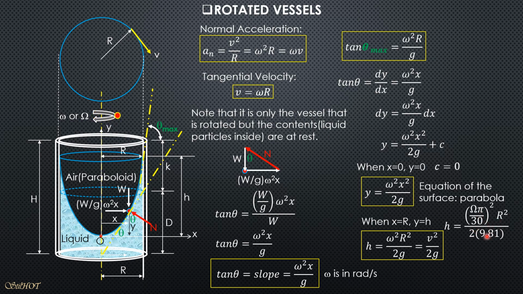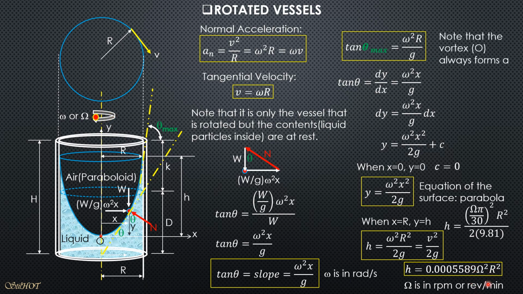Then simplifying, h will now be 0.0005589 omega square r square, where omega is in revolutions per minute in this case. So that's the direct formula for the height of the paraboloid formed when the given angular speed is expressed in revolutions per minute. So that's it.